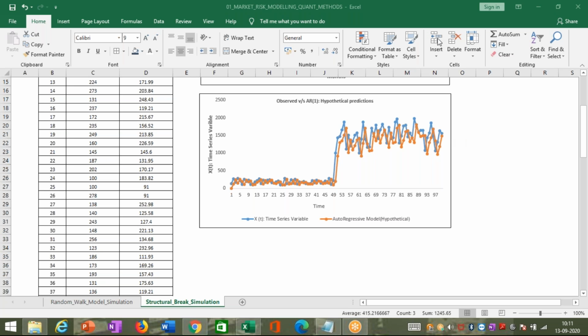Okay. So therefore, the next thing that we need to do is understand how to solve this problem. Before doing an ADF test, since it is very long run data, it is very important that we identify structural breaks.